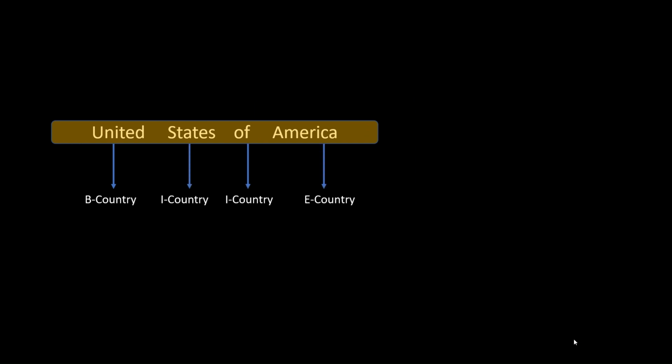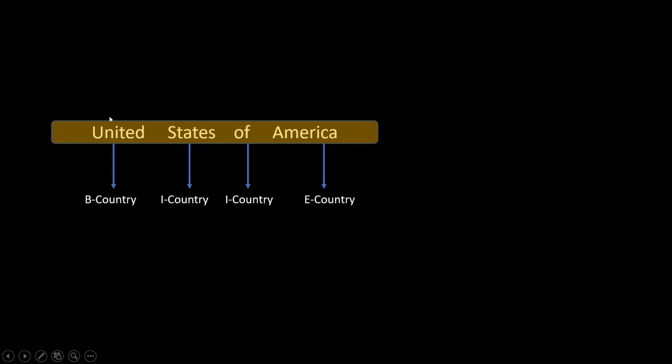United is the beginning of the country, States is inside the country, and America is the end of the country. With the boundaries of the beginning and ending of the country span, whatever is inside the boundaries will be inside the country.